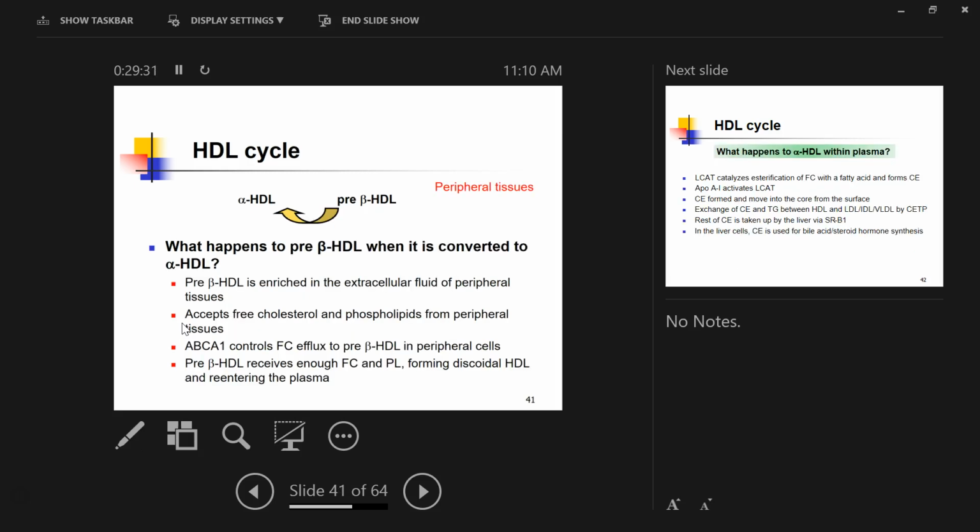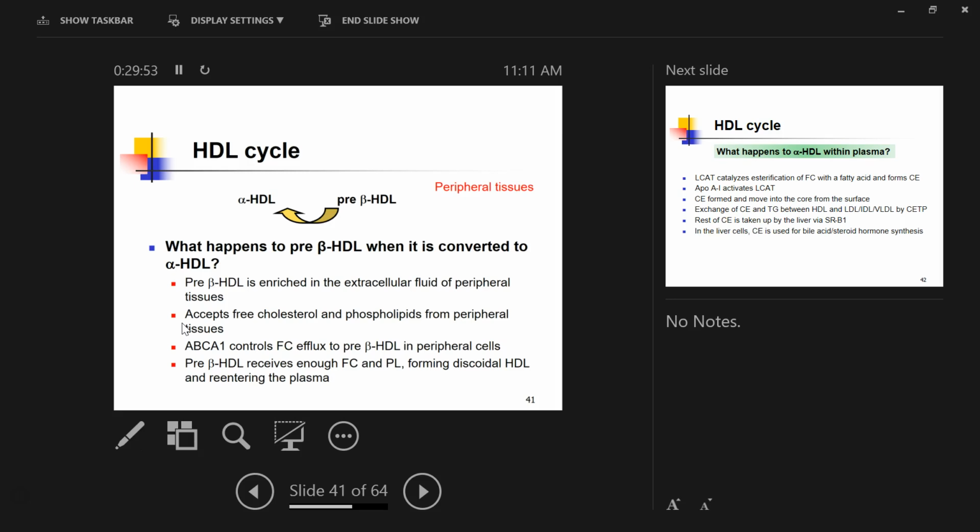And conversion from beta HDL to alpha HDL, this process occurs in the peripheral tissue and also in the plasma, right? So what happens to beta HDL when it is converted to alpha HDL?